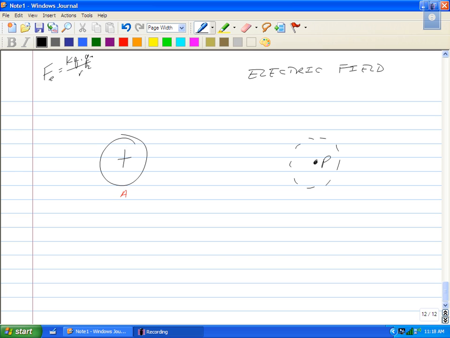Charge A is creating an electric field at point P, to where if I drop another charged particle at point P, it's going to experience a force due to A. What's the definition of that force? We're going to derive it next year. For now, just know that it's a potential force at that point.